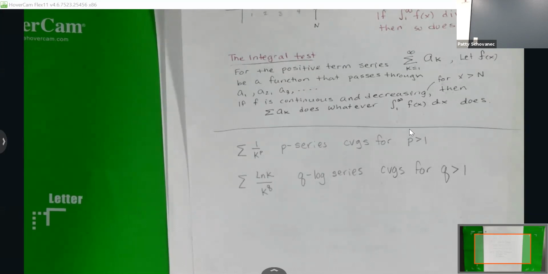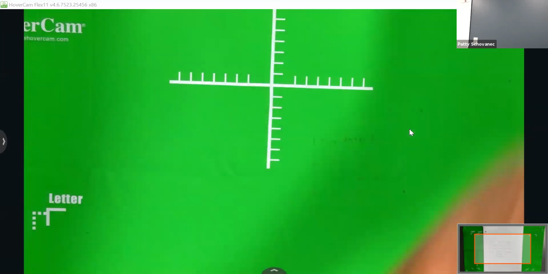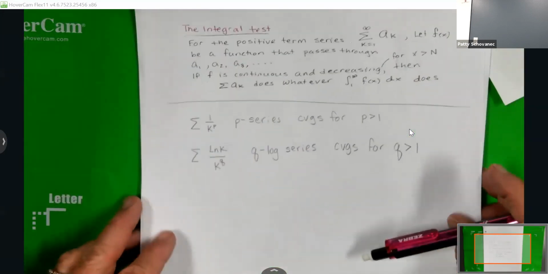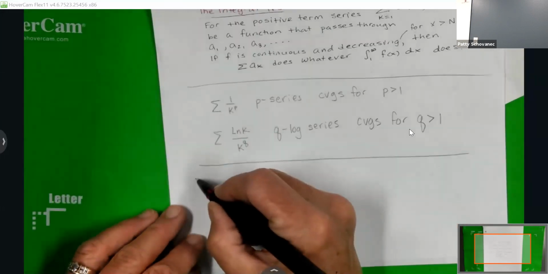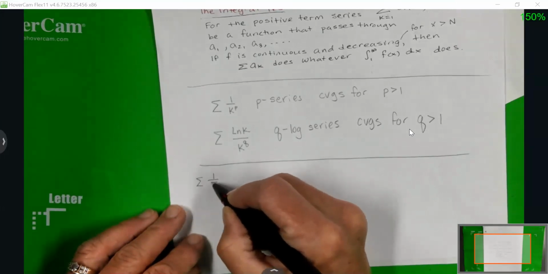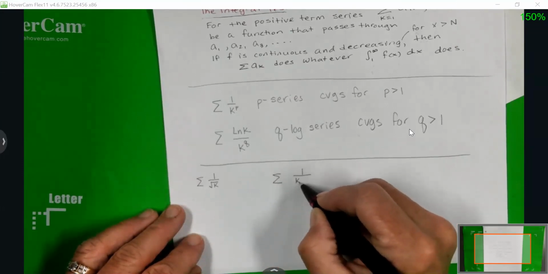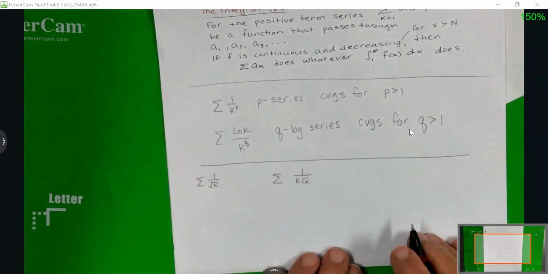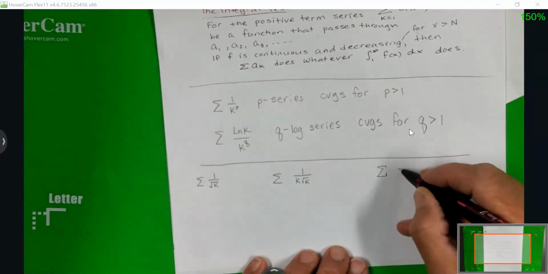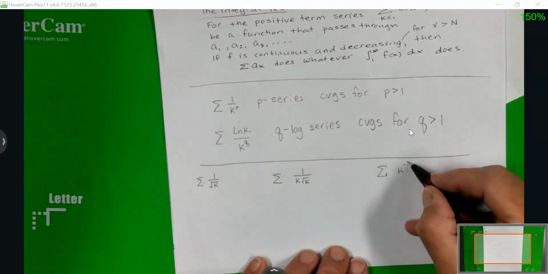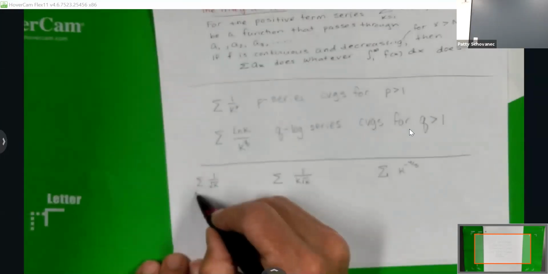All right, so let's look at a few. I'll give you a few here. I have a question. Now all these series begin from k equal to 1 to infinity.